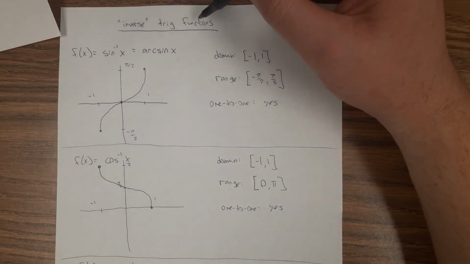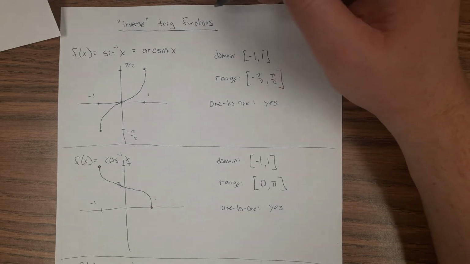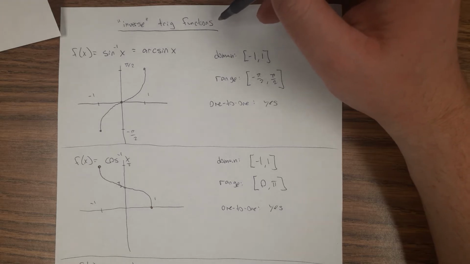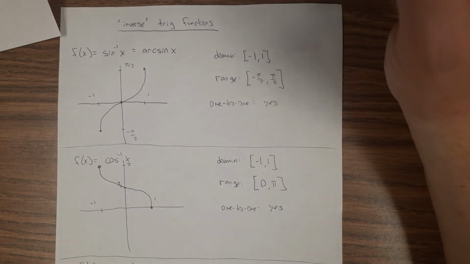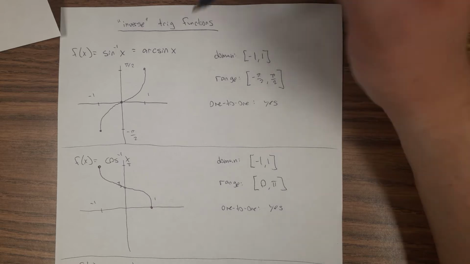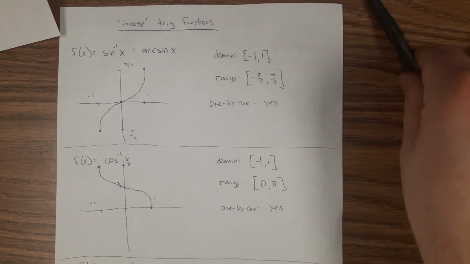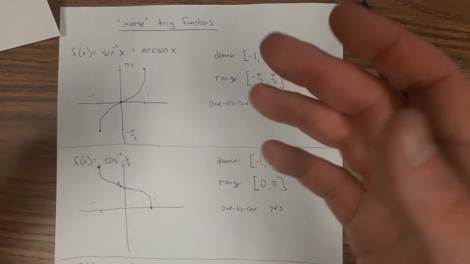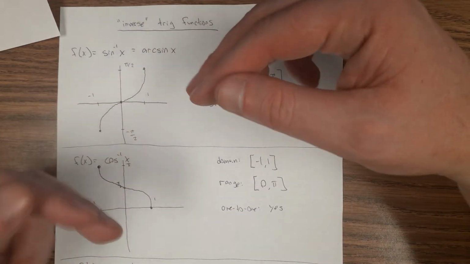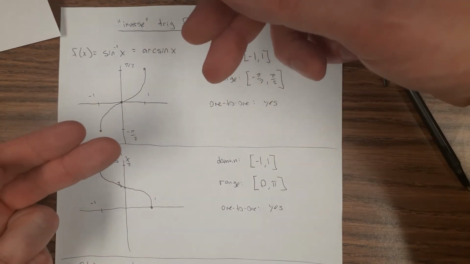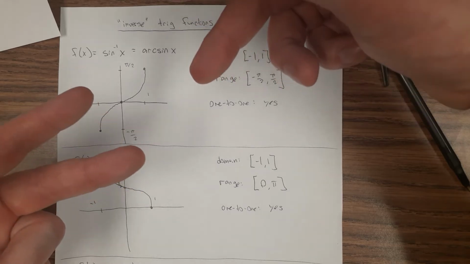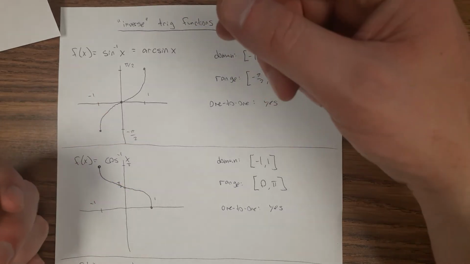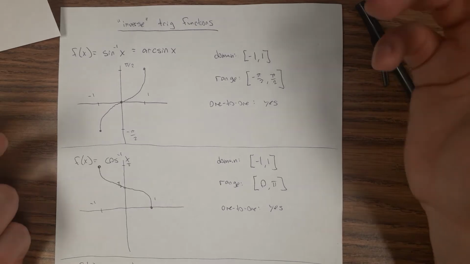In order to have an inverse, a function needs to be one-to-one. If a function isn't one-to-one, that means it fails the horizontal line test, and then you flip it, because we talked about how the graph of an inverse is just the reflection of the original graph over the line y equals x.